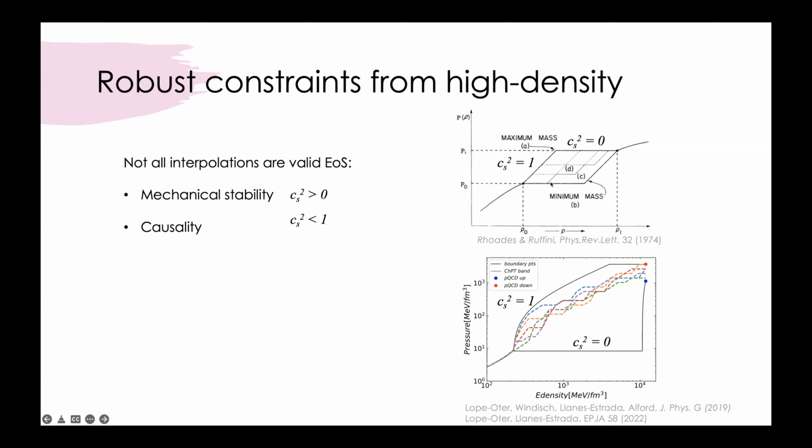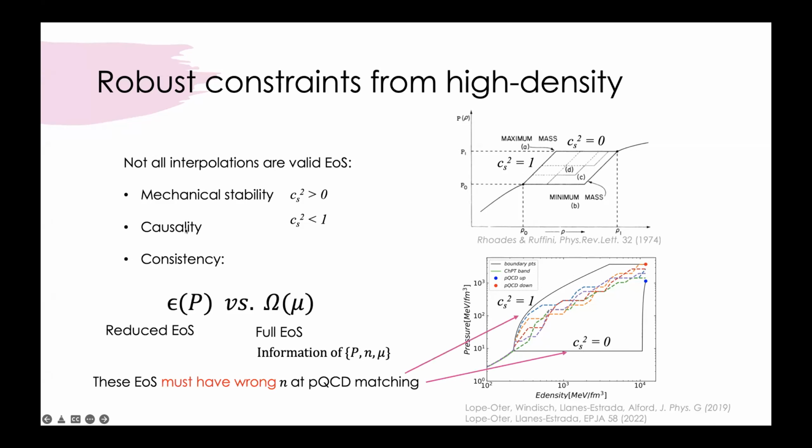Here is another more recent realization of these similar bounds coming from the stability and causality by Lope Oter and collaborators. These works, however, do not use complete information that is available. And in addition to stability and causality, there's a third point that can be added to the list of these robust constraints, which is the consistency.